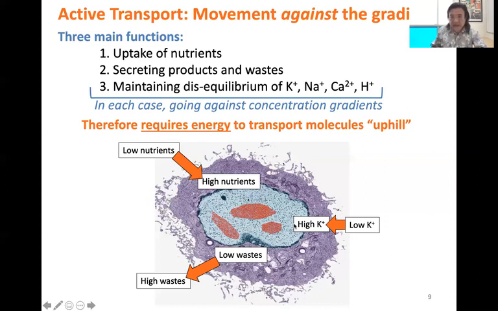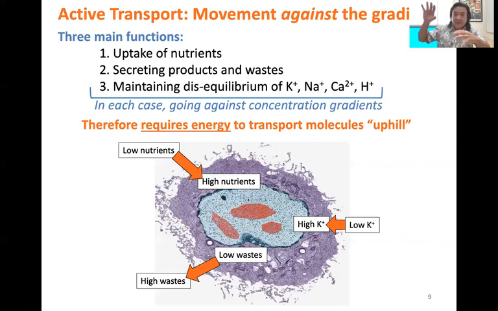And as we just looked at, maintaining intentional disequilibrium of certain ions like potassium, sodium, calcium, and protons, H pluses, is another really important one. That also requires energy. So you might say, why though? Why does the cell care to on purpose keep sodium levels and potassium levels so out of whack and so intentionally imbalanced?